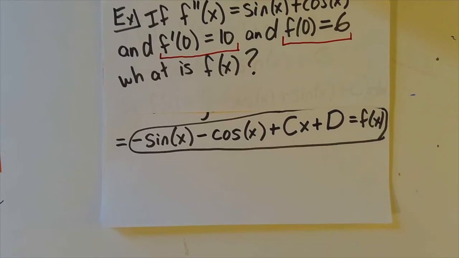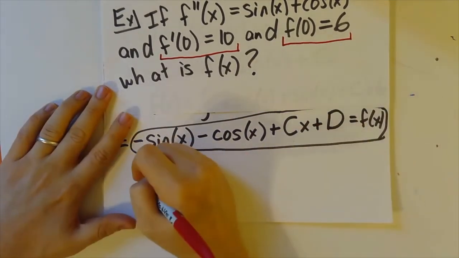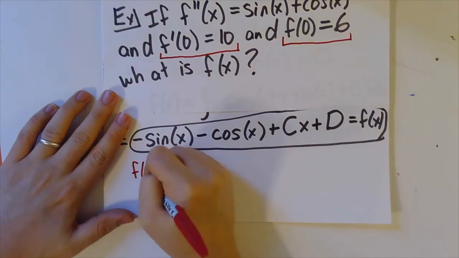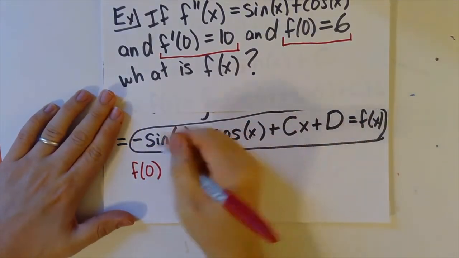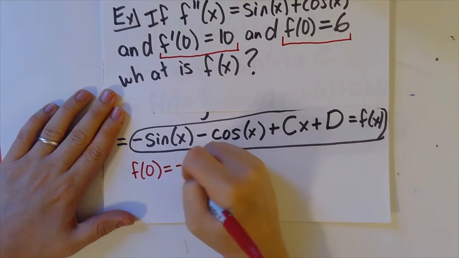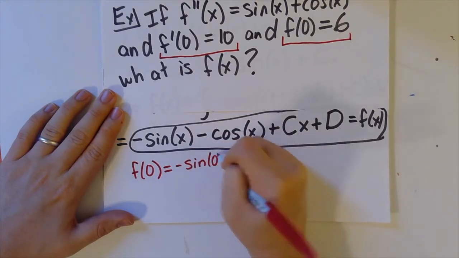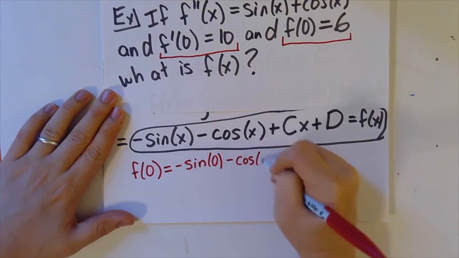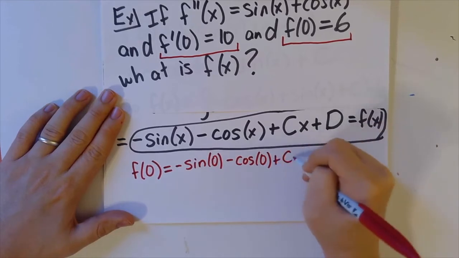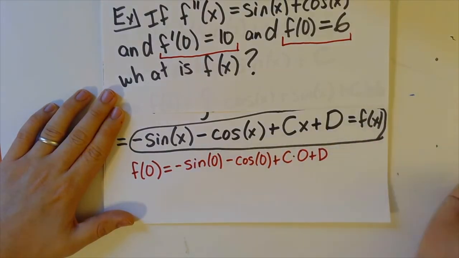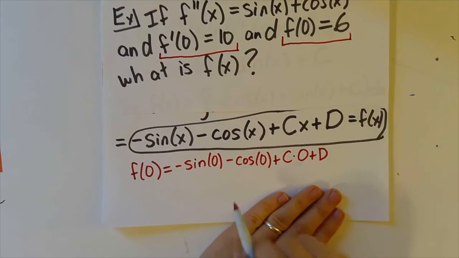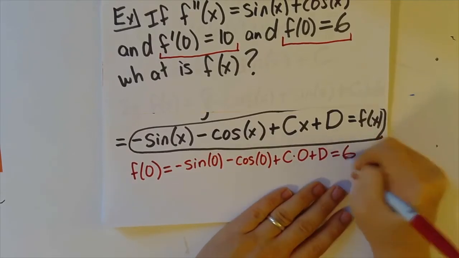So I'm going to put that there so we can remember our initial conditions. And so then I'm going to write down this one for f of 0 first. So f of 0 is minus sine of 0 minus cosine of 0 plus c times 0 plus d. But that is also, we're told, 6.